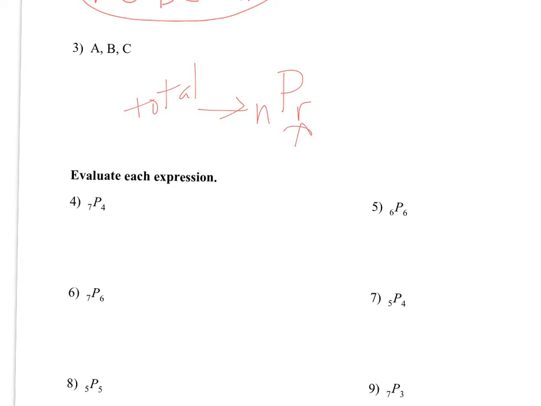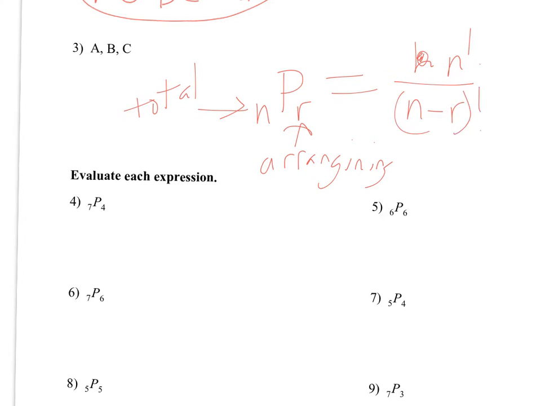R is the number you're arranging, so how many you are arranging out of that total. The formula says that is equal to N factorial all over N minus R in parentheses factorial.